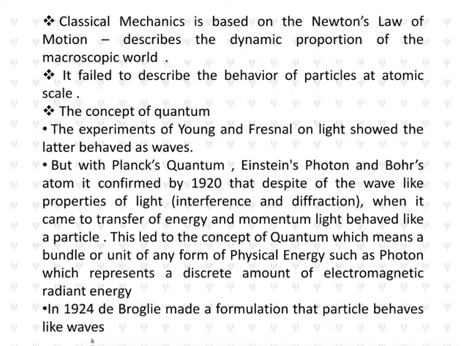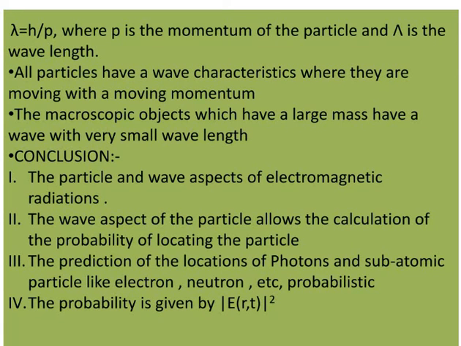So, in 1924, de Broglie made a formulation that particles behave like waves. You can see here, lambda is equal to h by p. You know this formula, where p is the momentum of the particle and lambda is the wavelength. All particles have a wave characteristic when they are moving with momentum.